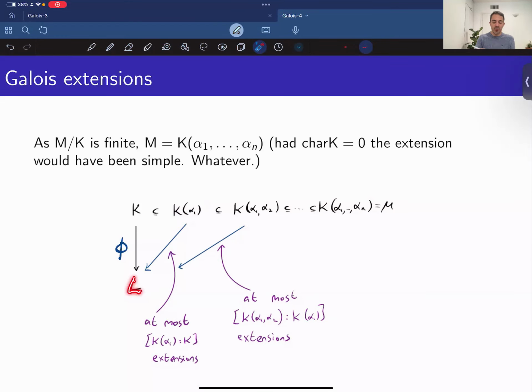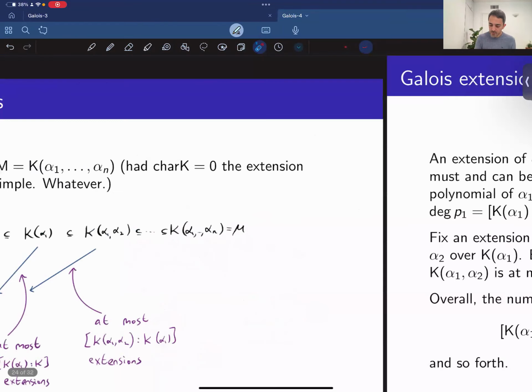Or maybe L doesn't contain roots that are conjugate to alpha 1, in the same irreducible polynomial. But since L in our situation now is K bar, it contains all conjugates, so all roots of the irreducible polynomial of alpha 1. And because we assume separability, I'm not talking about normality just yet, you have all possible roots. So you actually do have equality here and in all other steps as well.